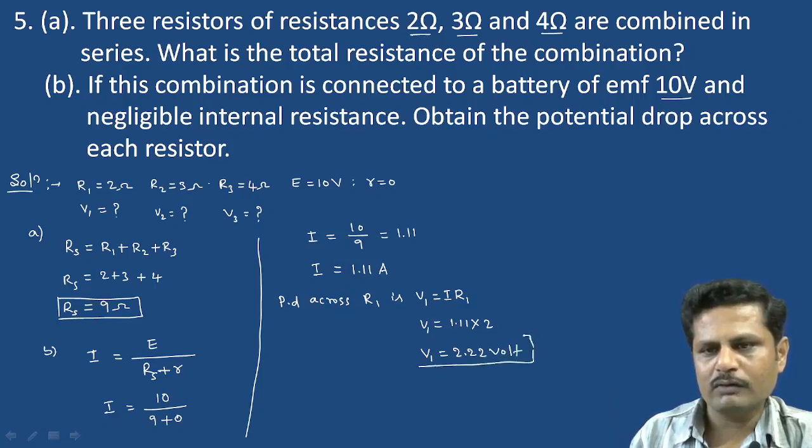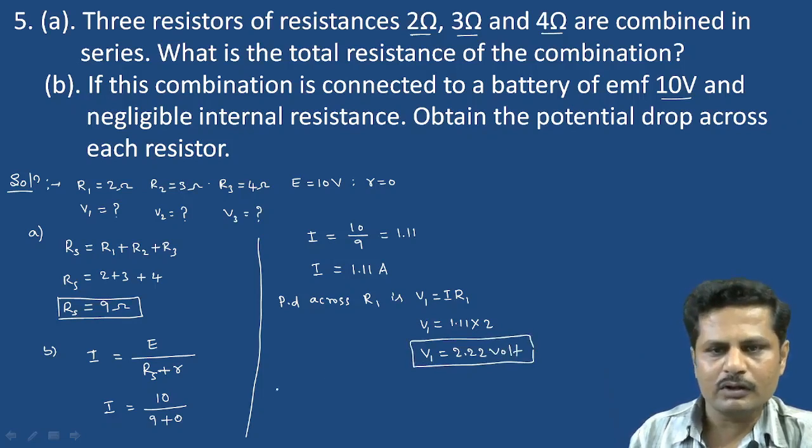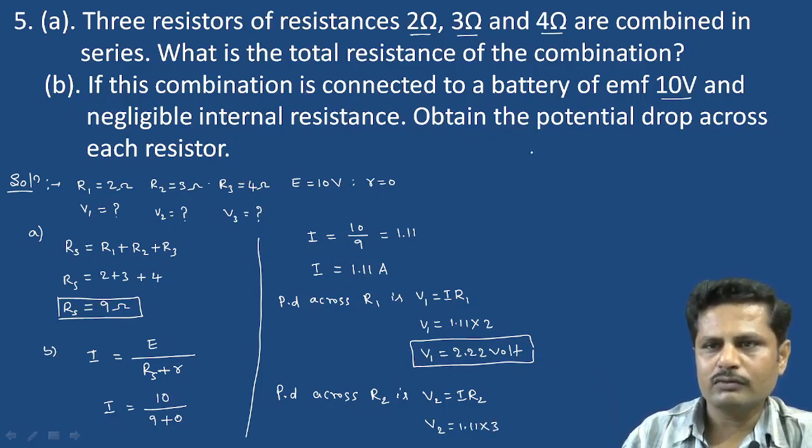This is V1. In the same way we can find V2, that is the potential drop across R2. This V2 equals I R2, that is I equals 1.11 and R2 equals 3. So therefore V2 is equal to 3.33 volt.